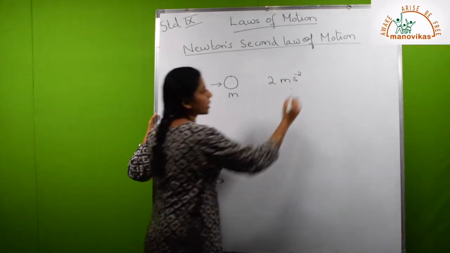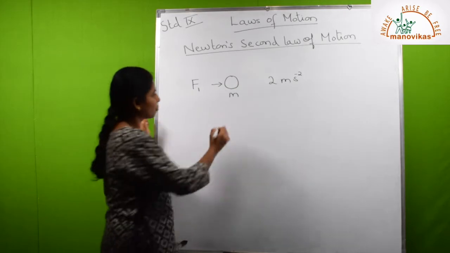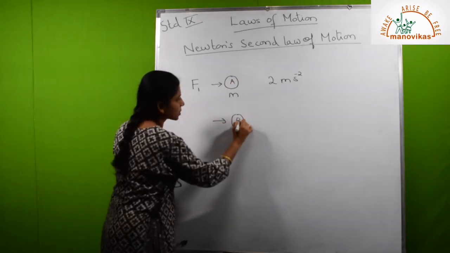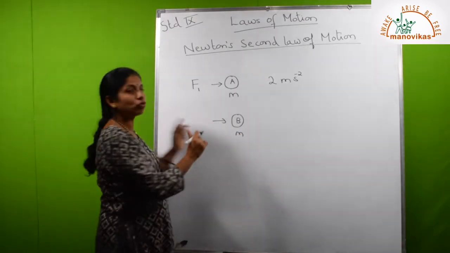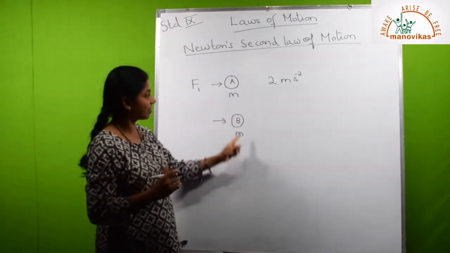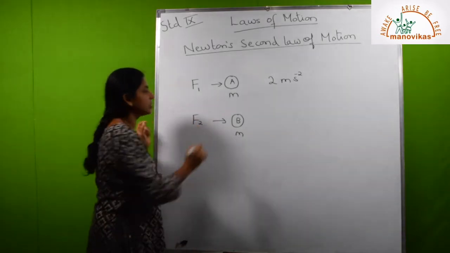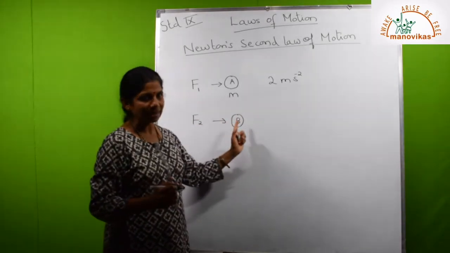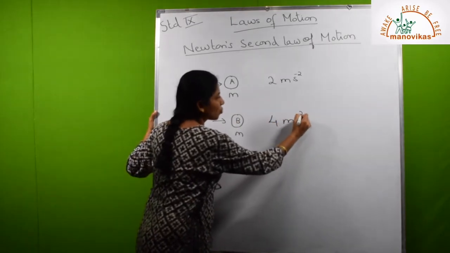And the same object of mass m, this is object B, I am pushing with a larger force. Mass is the same in both the cases. So force applied here is F2. So suppose the acceleration produced in this case is 4 meters per second square.